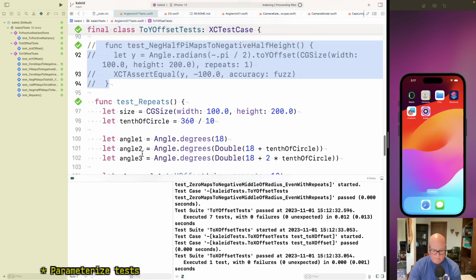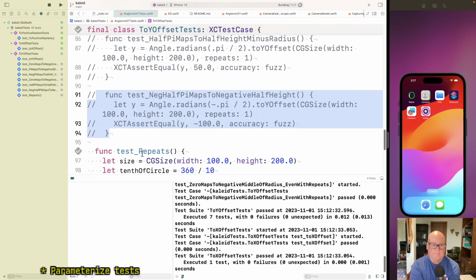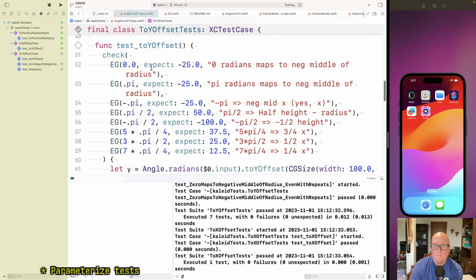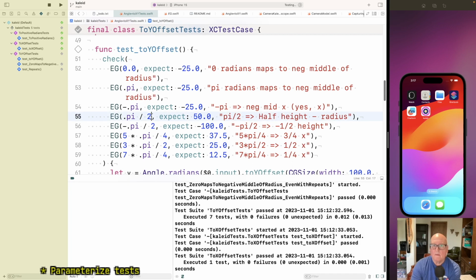And then repeats, I think, is again a different test. So I'll need these three.